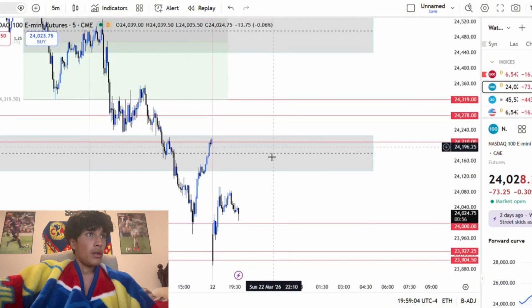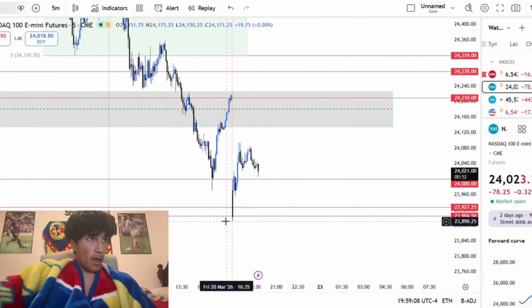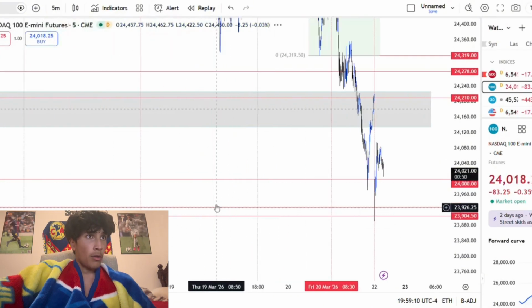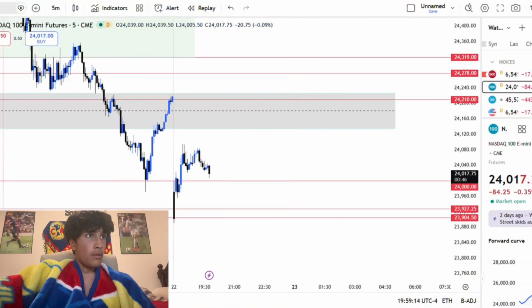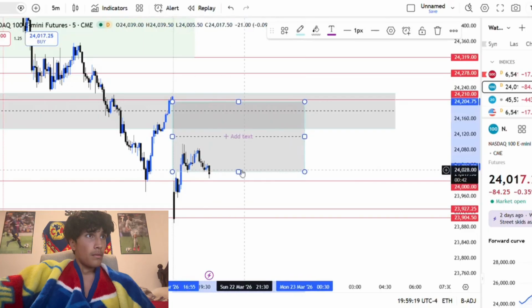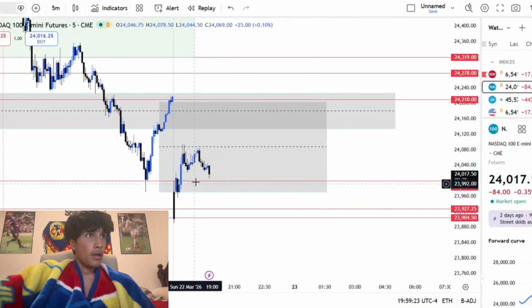We sold this liquidity. So starting here now, from what I'm saying, since we already sold all this external liquidity, we will now fill this new week opening gap.